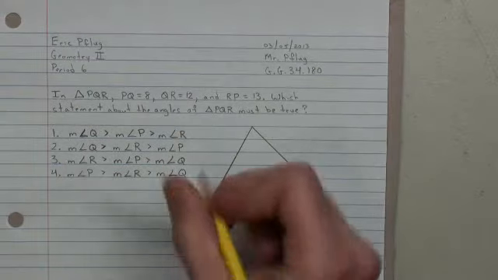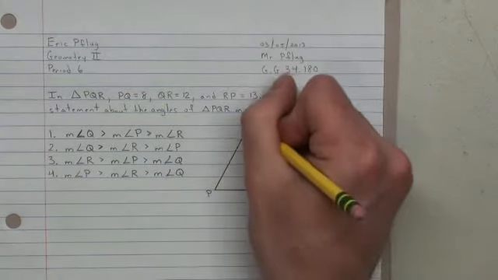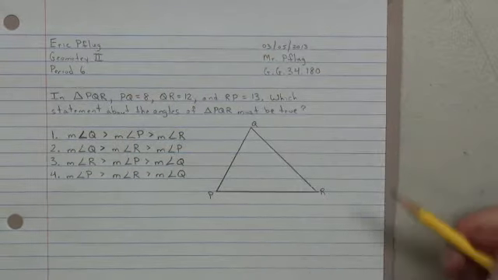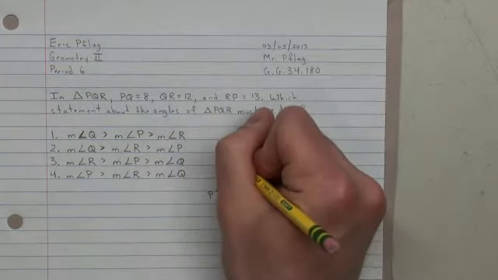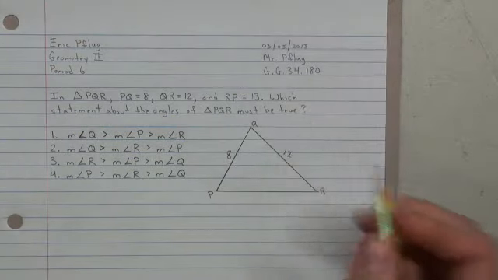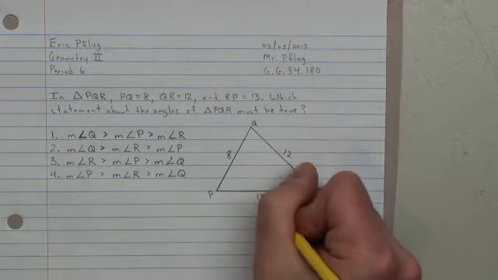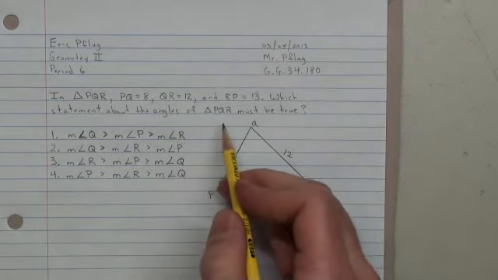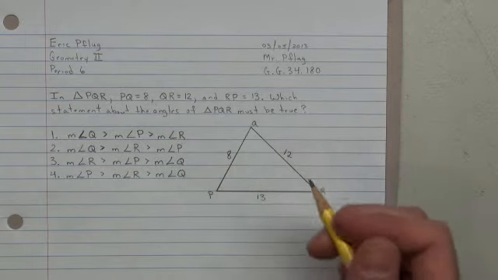Okay? We have P, and I don't care where, what's what. PQR. PQ is 8, QR is 12, and RP is 13. Which statement about the angles of PQR must be true?